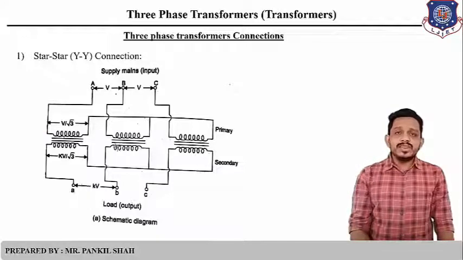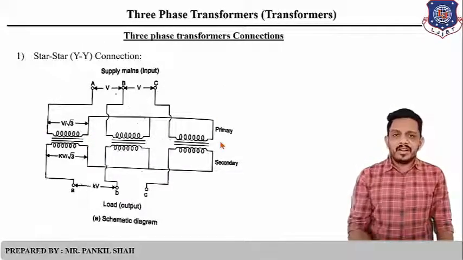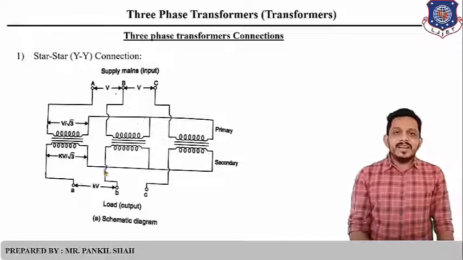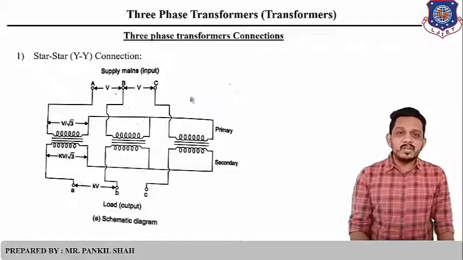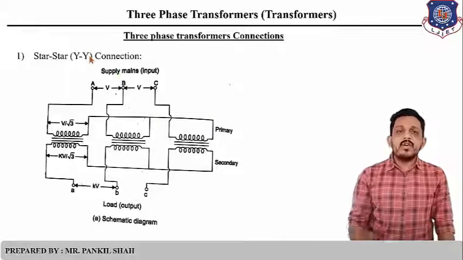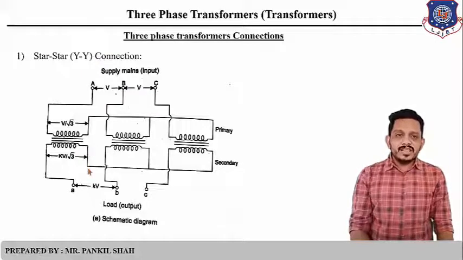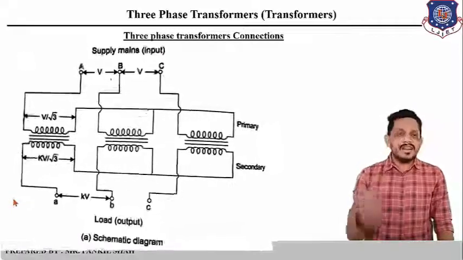You can see that the finishing ends of all the transformers are connected together, and the starting ends are taken out as the supply mains input. So this is known as a star connection. Now we have to connect the secondary winding also in star. You can see that the finishing ends of all the windings are connected together, and the starting ends are taken out from it. So this is known as the load or the output. So this is known as a star-star connection.